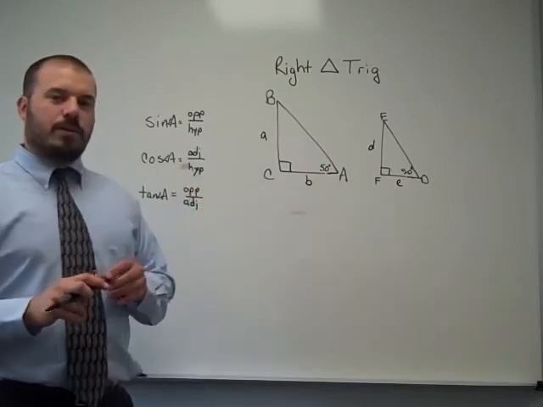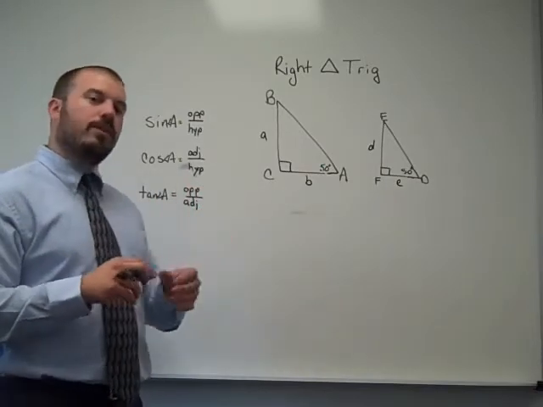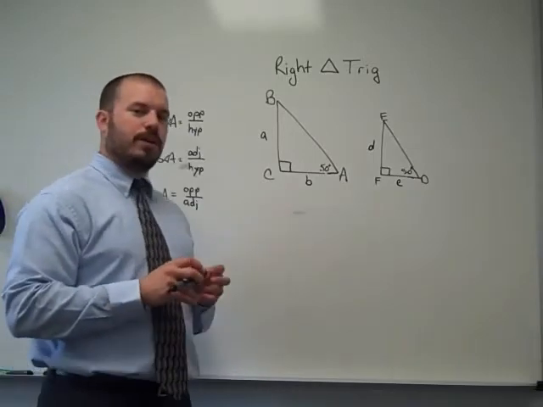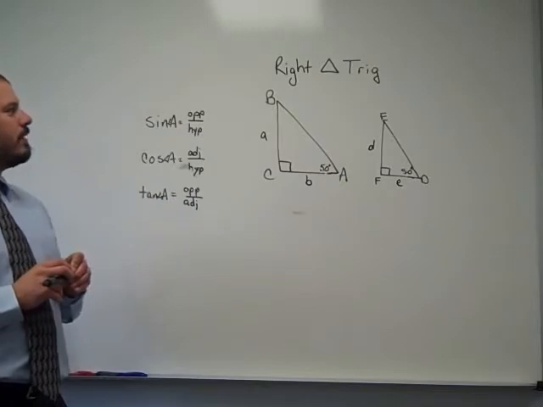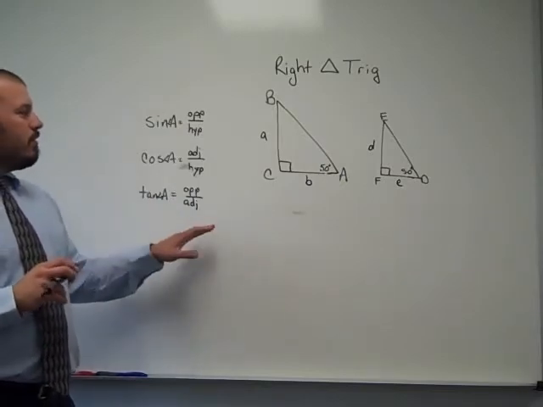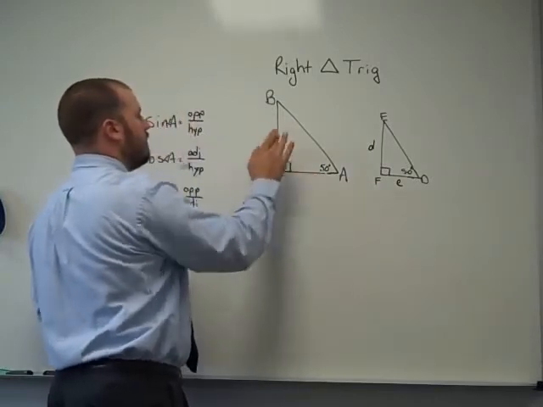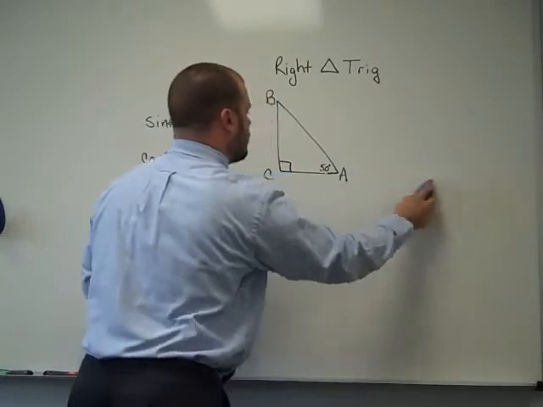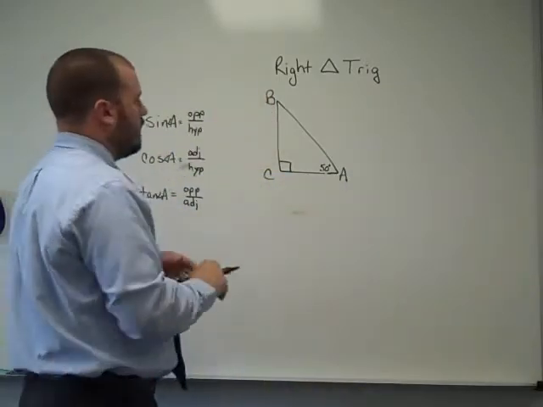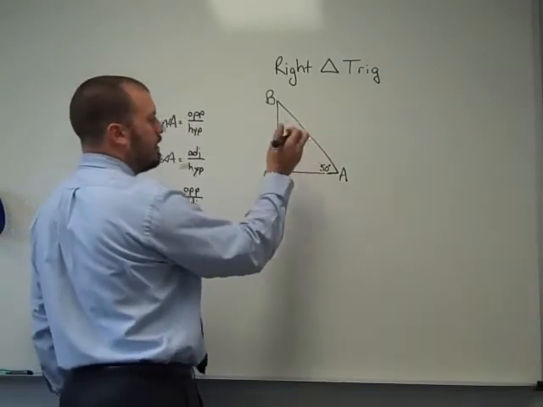There are other ratios, but typically in a geometry class, these are the three that get used, and they're enough to solve really any right triangle trig problem that you're given: sine, cosine, and tangent. Okay, so for example, we could use the sine of angle A to solve a right triangle if we know an angle and really any side.